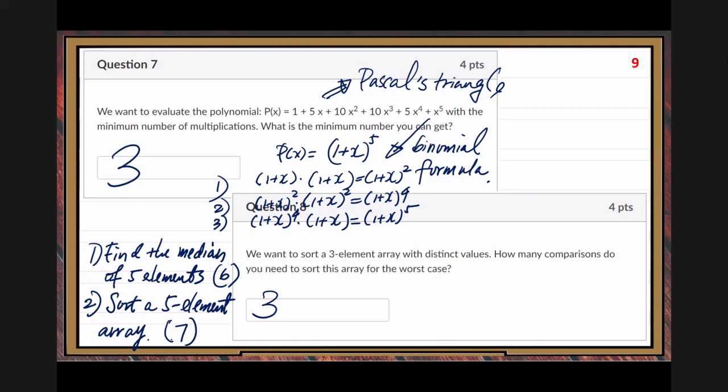For the 7 comparisons, we have a rigorous proof. That means nobody in the world can use 6 comparisons to solve the second problem. Even after 500 years, nobody can use 6 comparisons to solve it, because we have a rigorous proof of that.